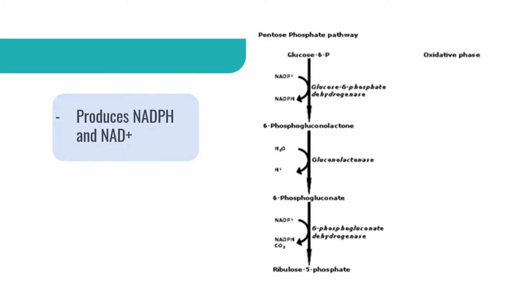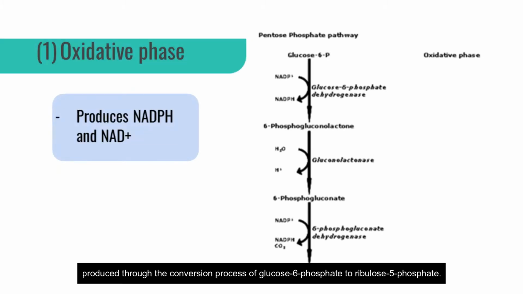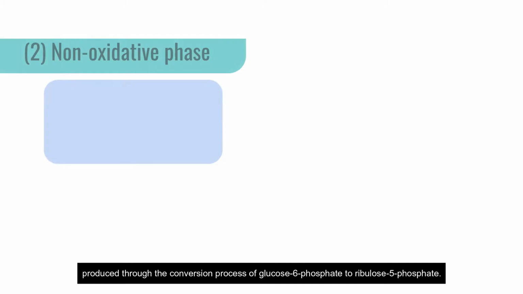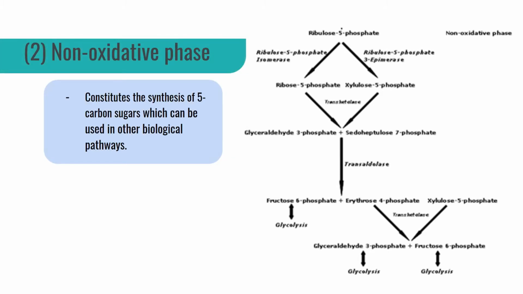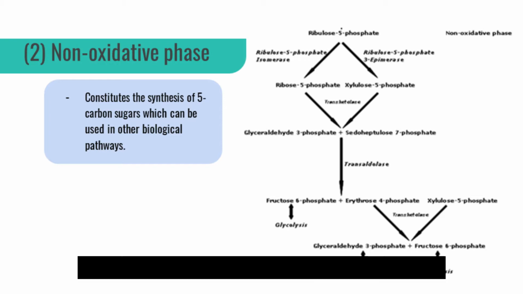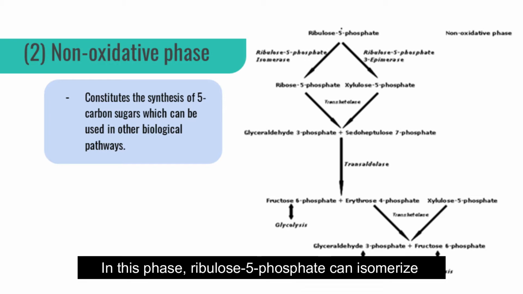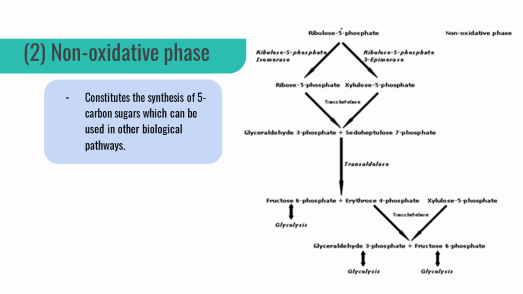The oxidative phase is where NADP+ and NADPH are produced through the conversion of glucose 6-phosphate to ribulose 5-phosphate. The non-oxidative phase constitutes the synthesis of 5-carbon sugars. In this phase, ribulose 5-phosphate can isomerize to ribose 5-phosphate and vice versa.